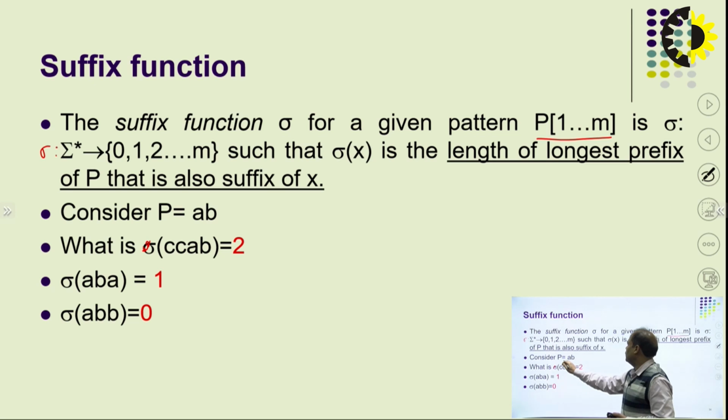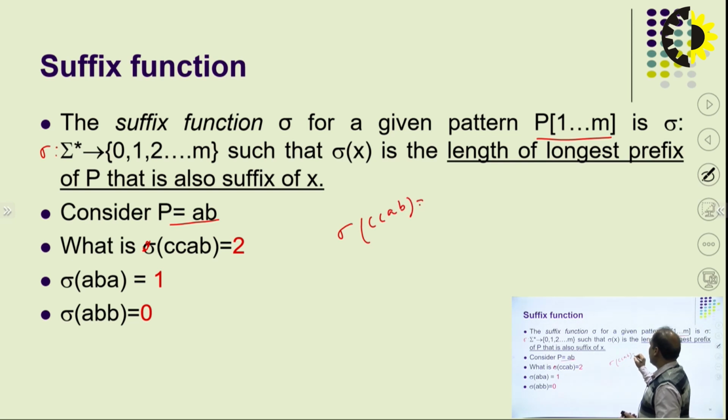So consider this pattern P is AB, and we are interested in finding CCAB with this pattern. So the question is, what is the length of the longest prefix of P that is also a suffix of X?